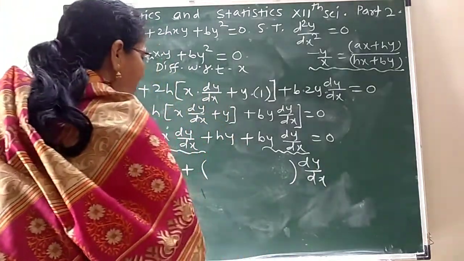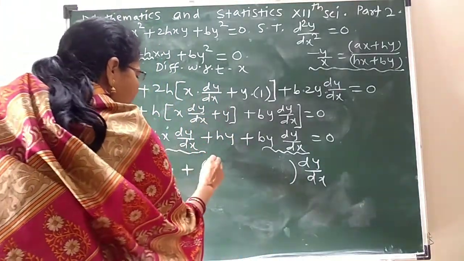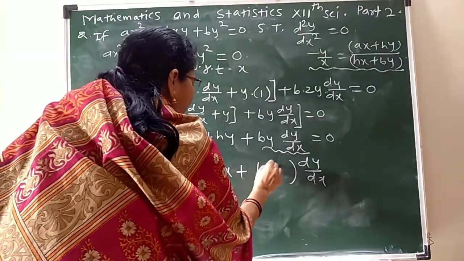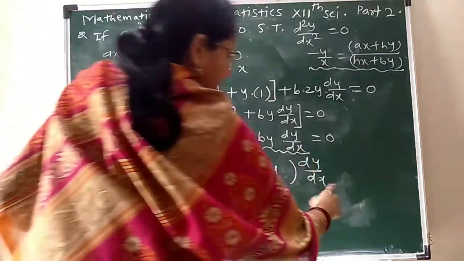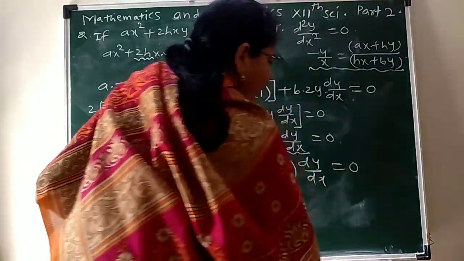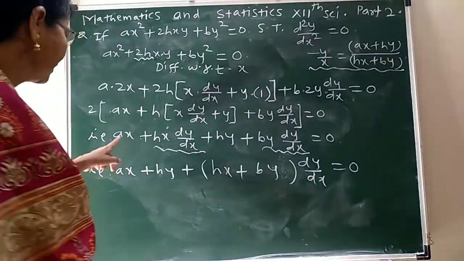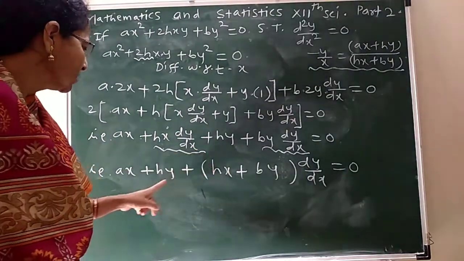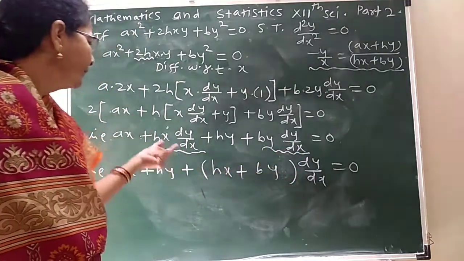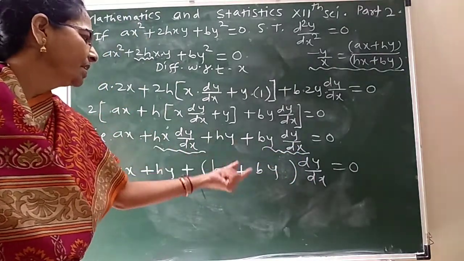What are the remaining terms? Here hx plus here by, dy by dx is common, so it is equal to 0. ax plus hy, from these two terms take dy by dx common, hx plus by.